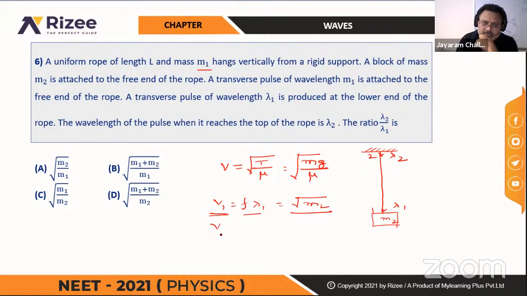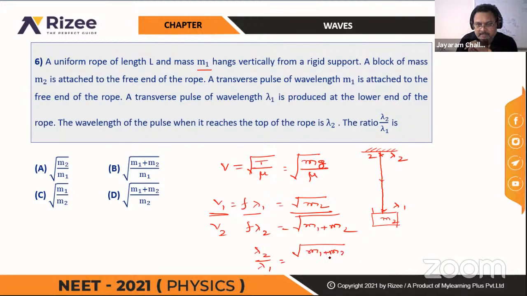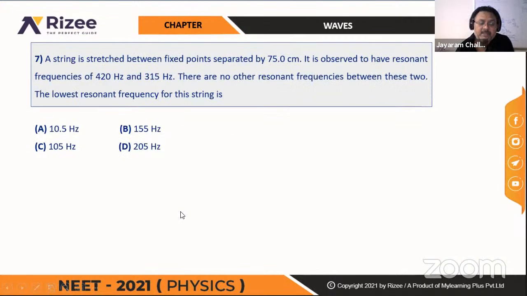When it reaches the second point, both masses are acting simultaneously, so it will be m1 plus m2. So lambda 2 by lambda 1 will be equal to root over (m1 plus m2) by m2. Like this, velocity is directly proportional to the wavelength.